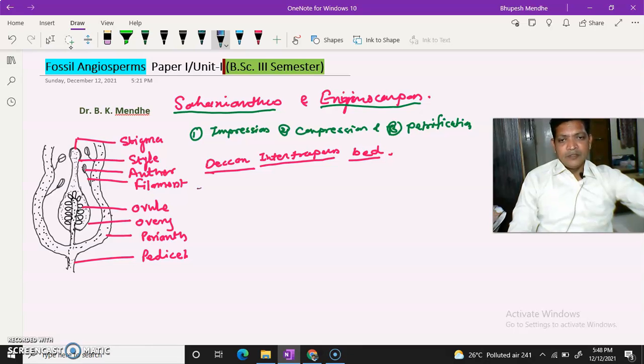They are preserved either in the form of leaves, flowers, fruits, pollen grains, seeds, stem, etc. So you may not get a complete plant in a single place, but you will get all the parts in the surrounding place.